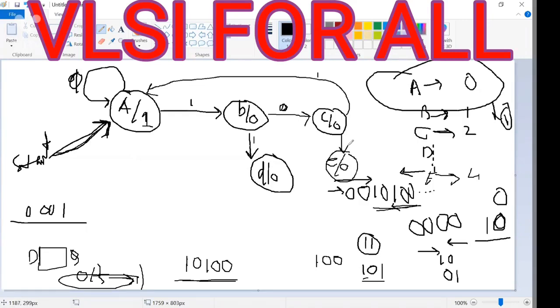If you give C as 0, then we will move to remainder 4, because 100 is 4. That means remainder 4. Now if you again give 1 to 4, that is 1100, that is 12. 12 divided by 5 is remainder 2.